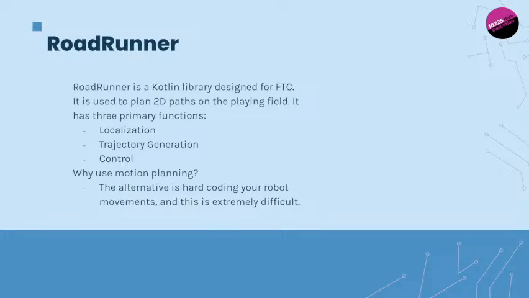Basically, if you think about it, every time you change something on the robot, the weight is going to shift or the friction is going to shift, and all the wheels are going to have different friction, right? So what I mean by tuning is that when you tune Roadrunner, it learns how much friction there is, or how much power you need to set to each of the motors in the drivetrain so that it moves smoothly and moves straight.